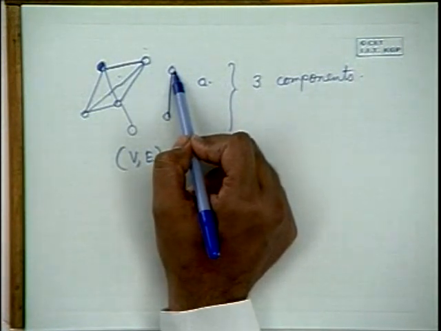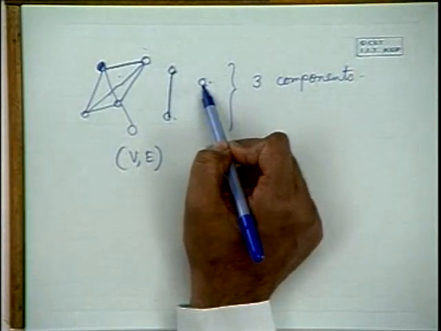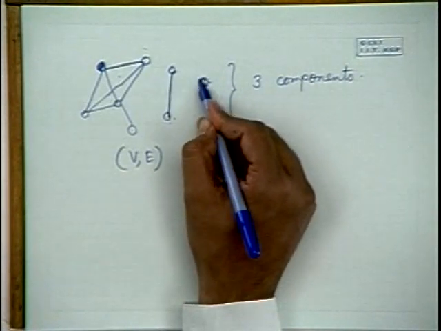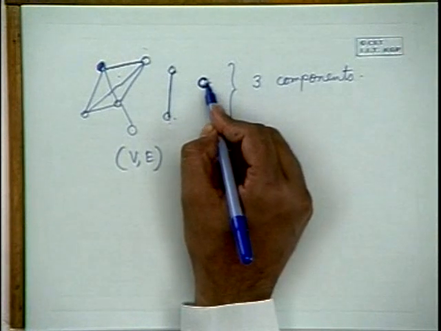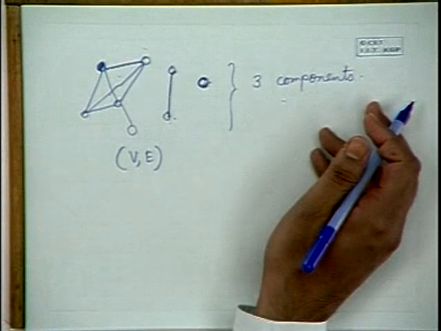Once it does, you know you have encountered a new component. Again, this call will visit these 2 vertices and not the third vertex here. So for this third vertex, you again have to give a fresh visit call. So 3 fresh visit calls tell you there are 3 components. This is one of the simplest and probably most efficient ways to detect the number of components in a graph.